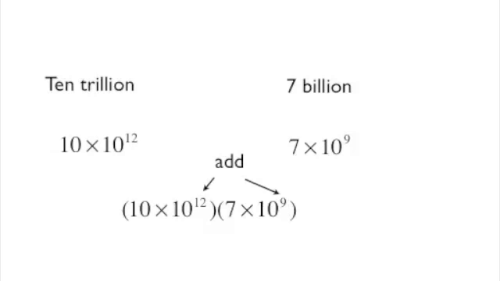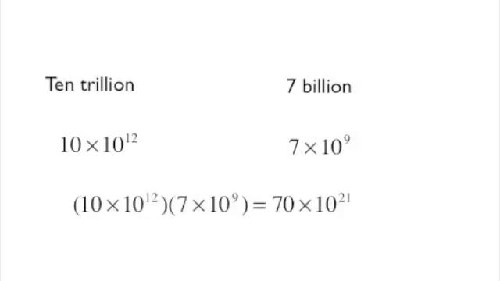Now this is where it gets a little bit different than before, not anything difficult, but what I'm going to do for the coefficients is instead of adding them, I'm going to multiply them. The coefficients are just regular numbers, so multiplication is still just the same thing. So once I do that, I'll multiply the 10 and the 7, and then I'll add the 12 and the 9. My times 10 will always be there, so 7 times 10 is 70, 9 plus 12 is 21, so I should get 70 times 10 to the 21st power.